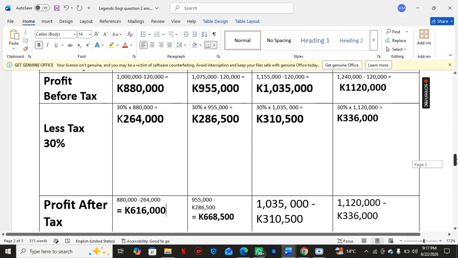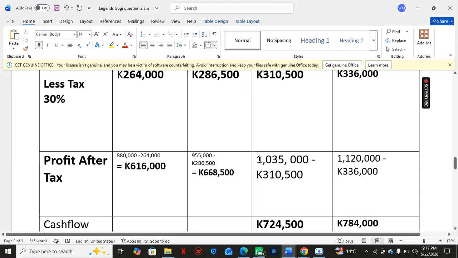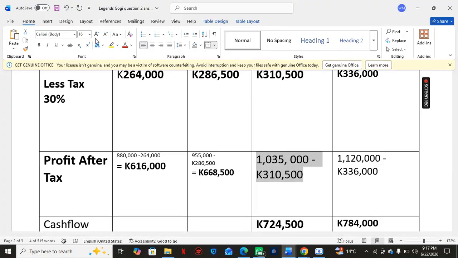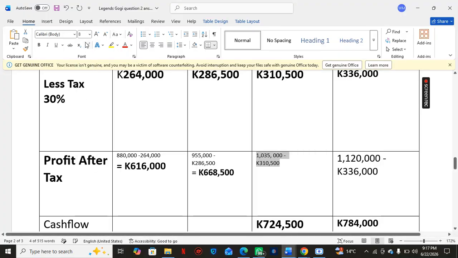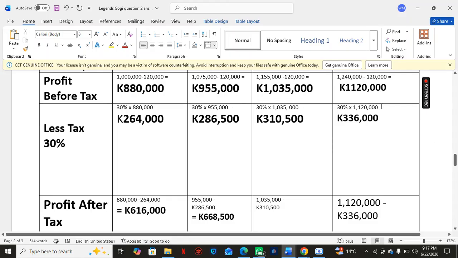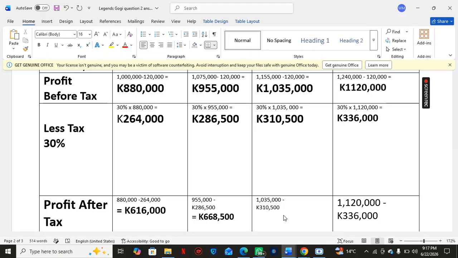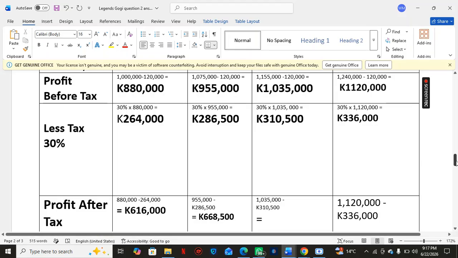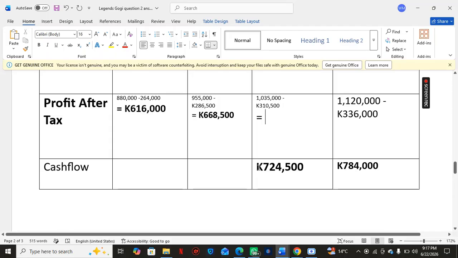Year three, profit after tax, 1,035,000 profit before tax minus the tax 310,500, you get 724,500.